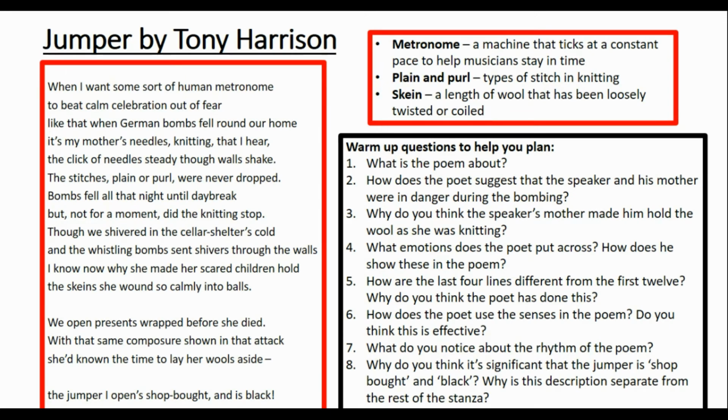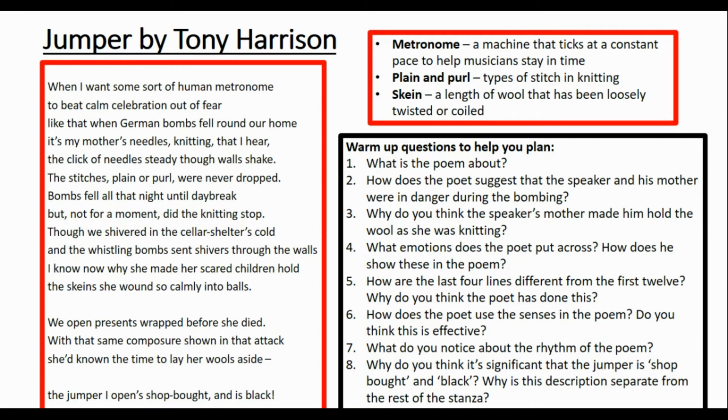So, the first poem here, they will give you the question, which obviously focuses on Assessment Objective 1, what the poem is about and its main message, and Assessment Objective 2, the techniques that have been used to write the poem. Now, as you can see here on the right-hand side, you've got 3 words in bold.